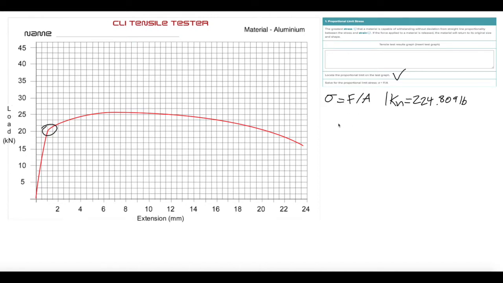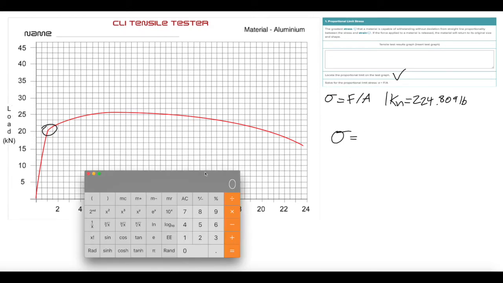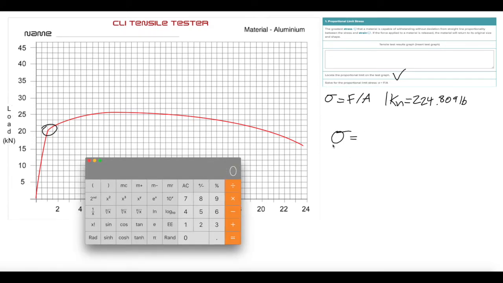Okay, so I'm going to start with the force up here on top. So my force, it looks like at the proportional limit is 20 kilonewtons. So in order to do that, that's a piece of cake. I'm going to get out my calculator. Since it's 1 kilonewton for 224 pounds, I'm going to multiply 20 times 224.809.